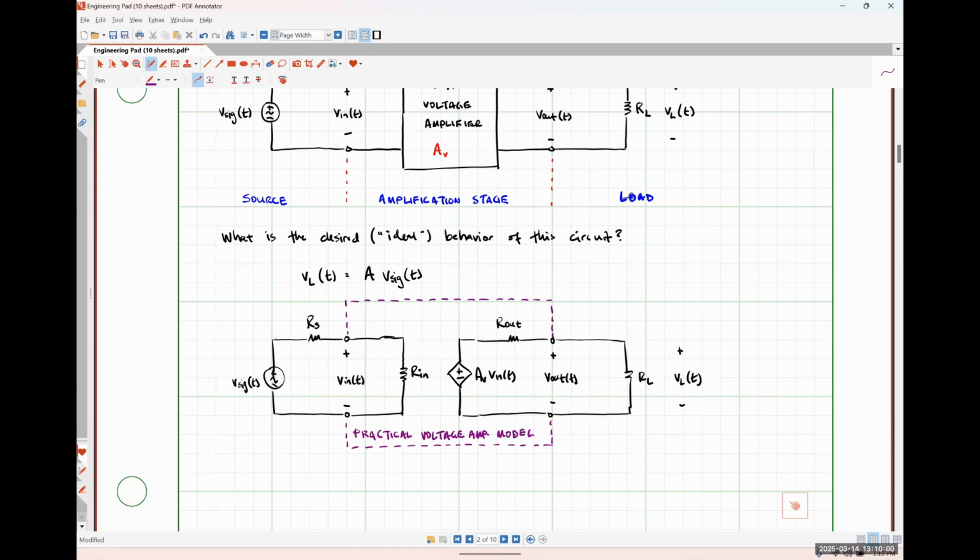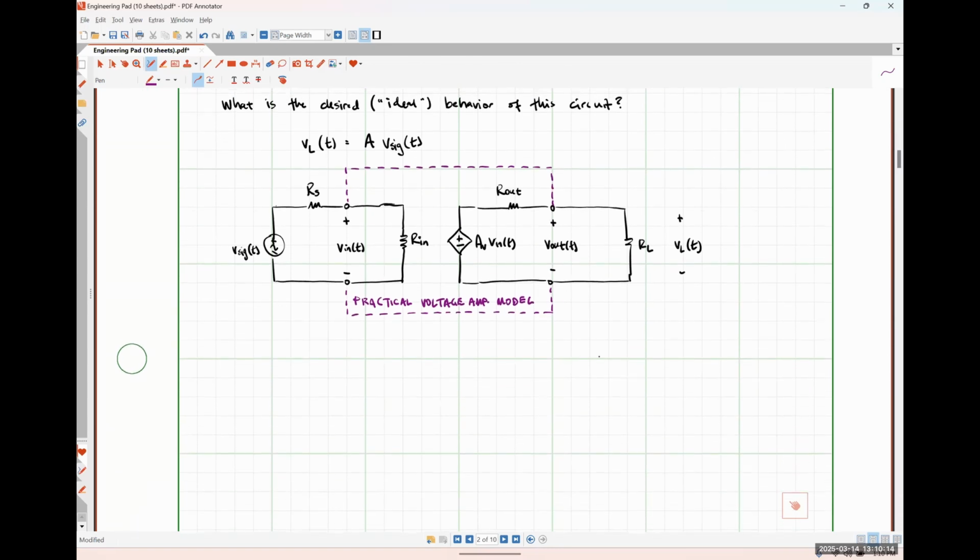Any type of amplifier can be quantified by those three parameters: the input resistance, the output resistance, and the gain of the system. Okay. So an operational amplifier, and we're moving on from here, is just a special type of voltage amplifier. I say it's a special type because it's what's called a single-ended output differential amplifier, meaning that it has multiple input signals, right?